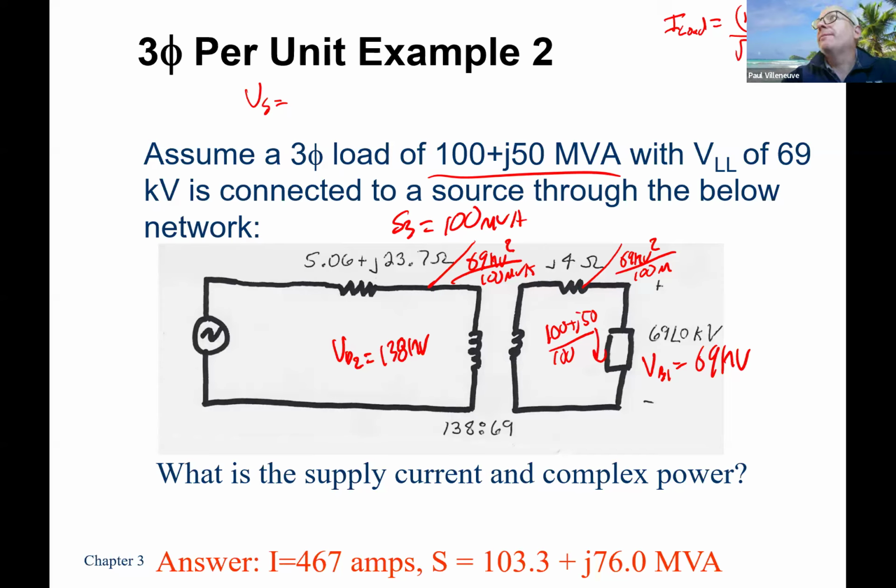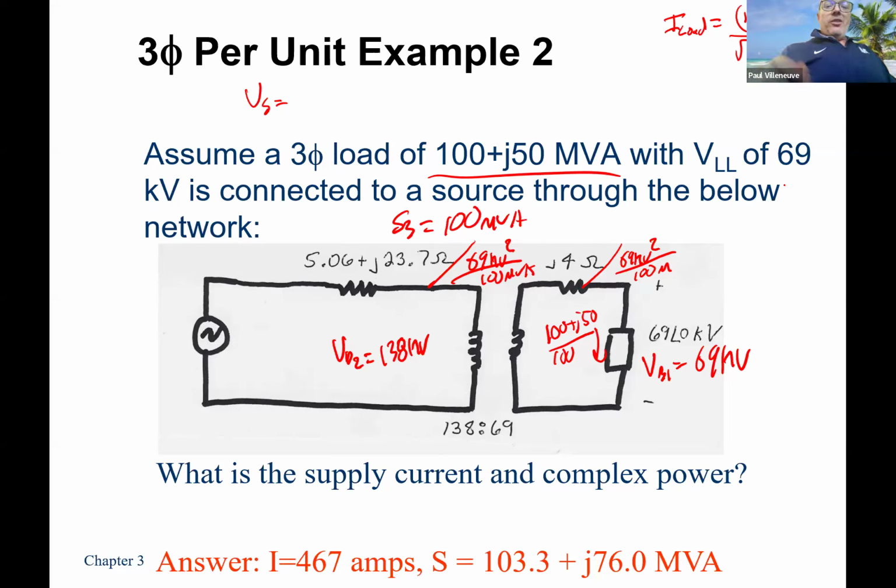What's the voltage over here? In per unit, it's 1 at an angle of 0, isn't it? That's my load current. S equals V I conjugate, so 1 plus J.5 conjugate divided by 1 at an angle of 0. Don't forget, we have to have that square root of 3 term in there. That equals I load, all in per unit.